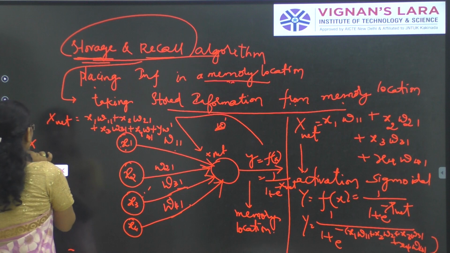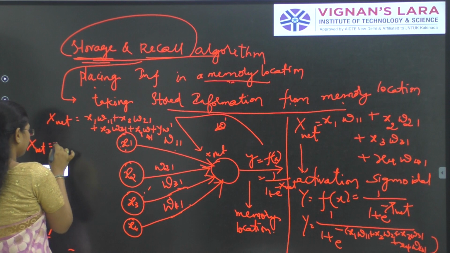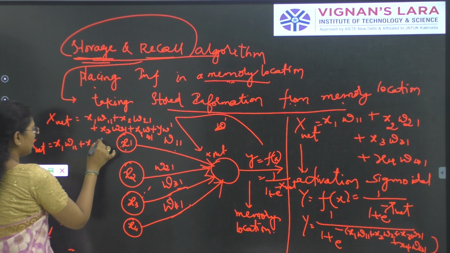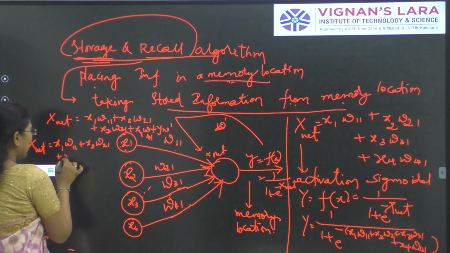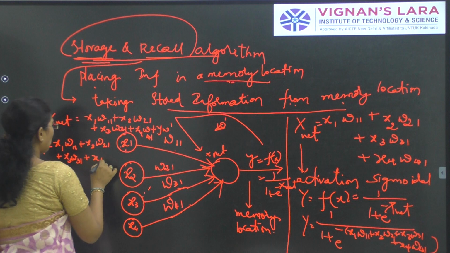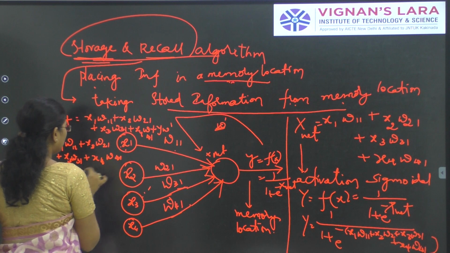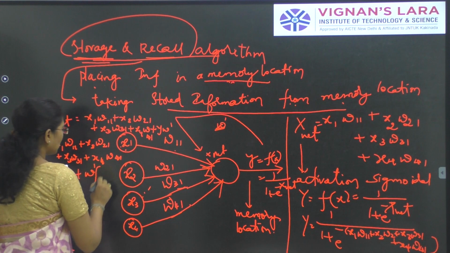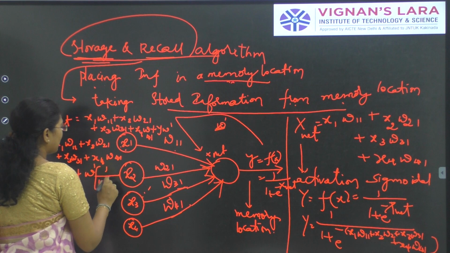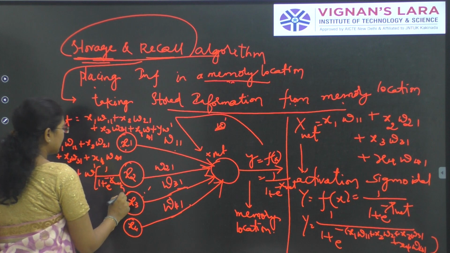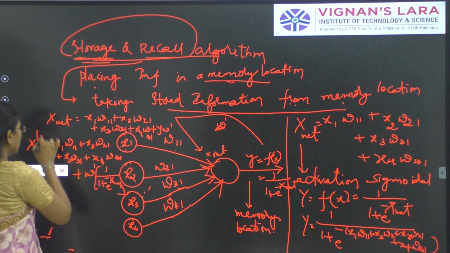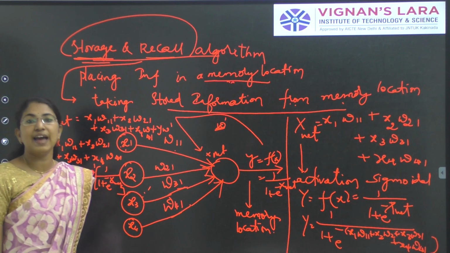So you can also write xnet is equal to x1 w11 plus x2 w21 plus x3 w31 plus x4 w41 plus w dash into y, where y is 1 by 1 plus e power minus xnet. So this is your new net. I can write it as xnet dash.